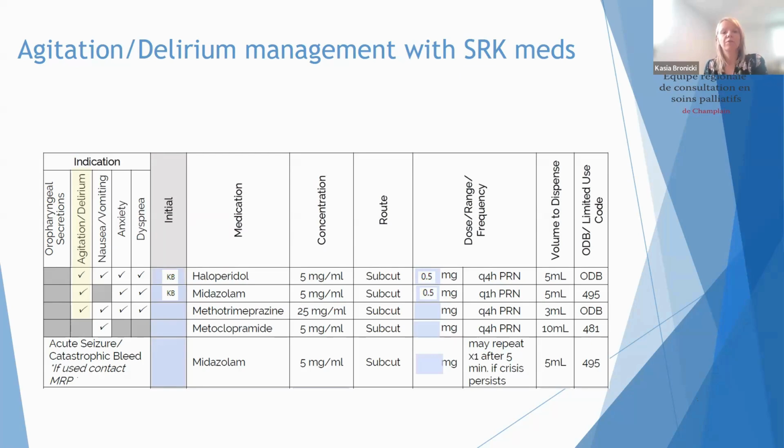For Haldol and methotrimeprazine, you typically have one or the other ordered, and you always have the midazolam available. If you're needing to use medications, you can use the medications that are in the SRK or in the resident's medication profile if they don't have a symptom response kit in place. And if things are not resolving, you have access to call the RPCT if the MRP needs more guidance.